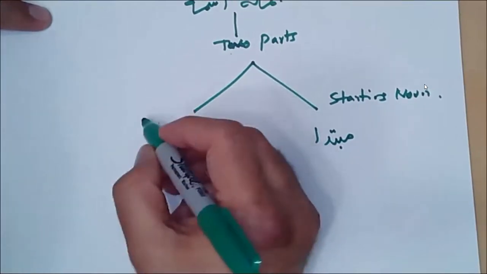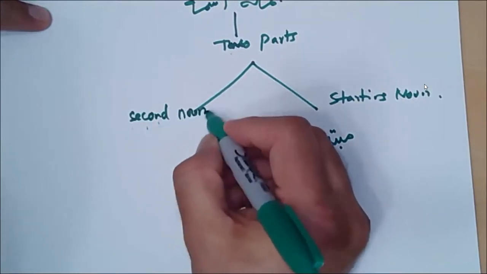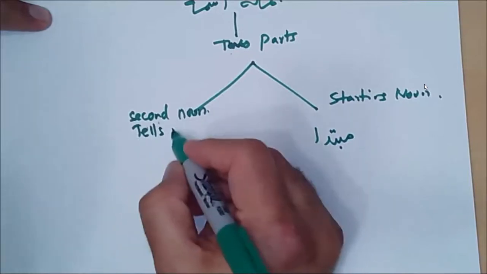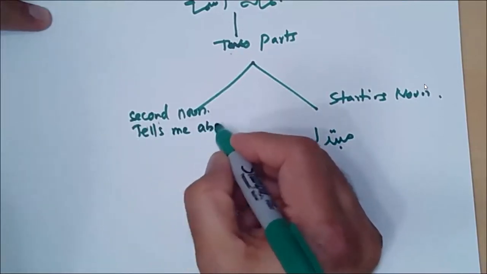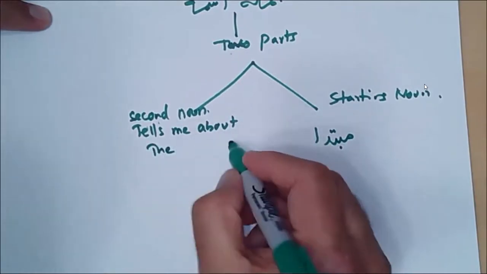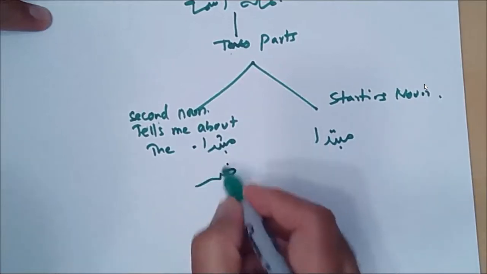And it has a second noun or something which tells me about the mubtada, and we call it khabar. What do we call it?